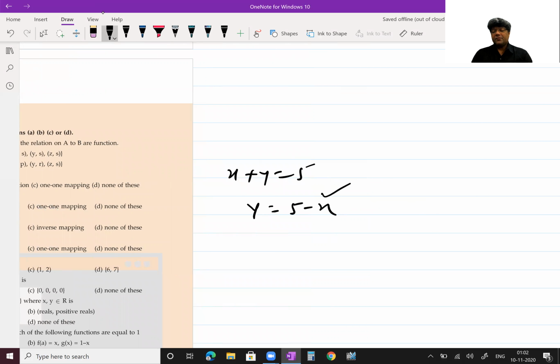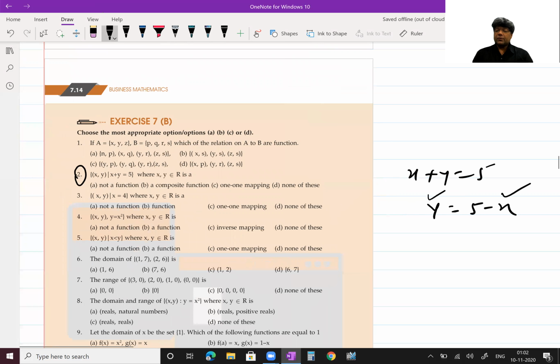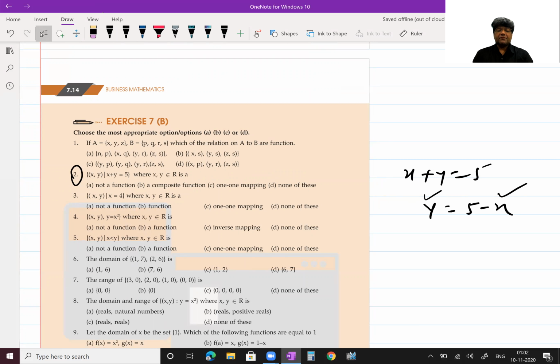For every value of x, there is one and only one value of y. That means which function is this, guys? One-one. Where x, y belongs to R is a one-one mapping. See, option C.